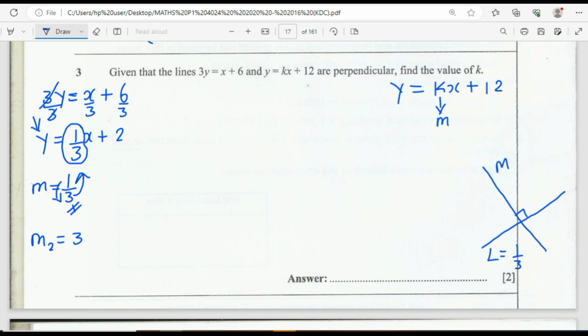So this is 3 over 1. Then you have also to look at the sign. Since the first gradient is positive, the gradient of that line must be negative. So our final answer is just negative 3. So that's what you do if you encounter a question like this.